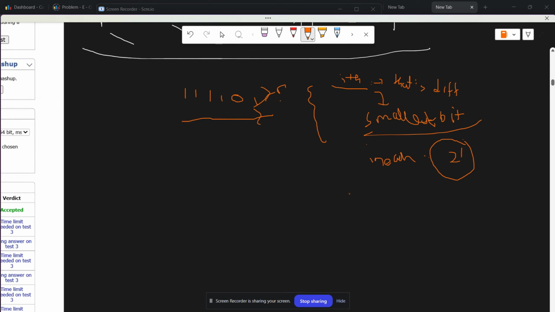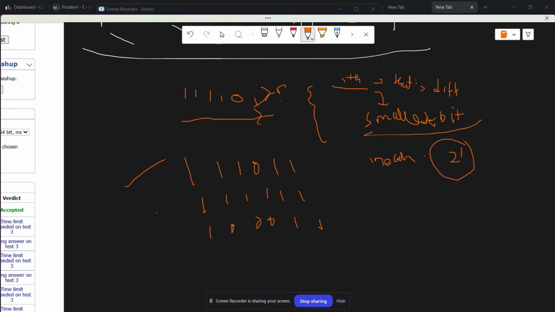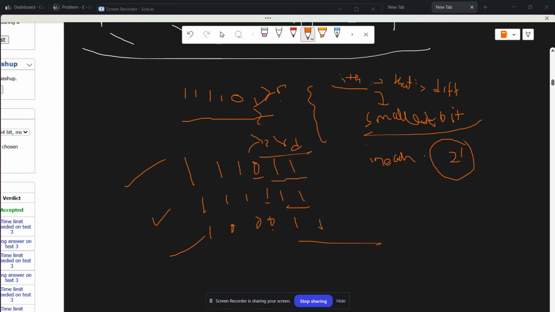Why so? Let's see that. First, I just want to make the claim clear. Let's suppose this is the binary representation. Here we can see that the first two bits are same. The third bit is different: here it is 0, here it is 1, here it is 0.